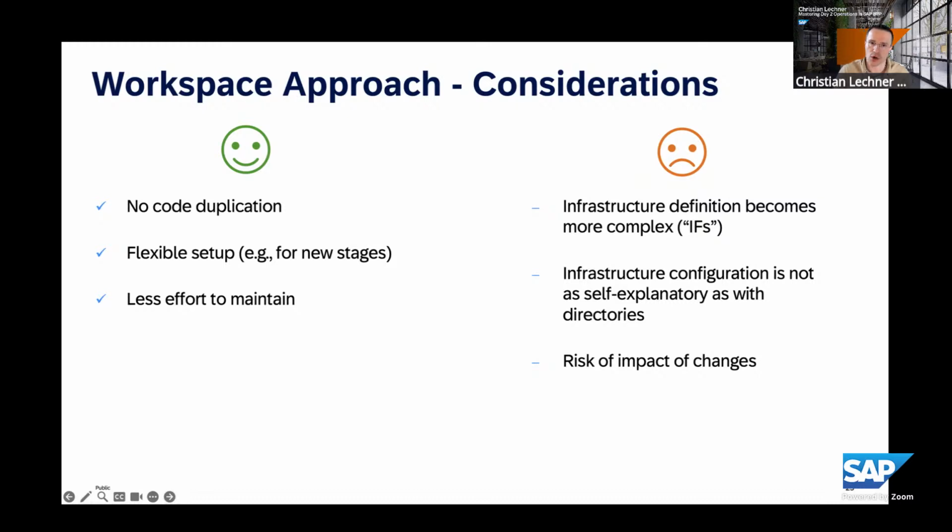Now, of course, as a consequence of that, the infrastructure configuration is not as self-explanatory as it was before with directories. Because you now do not see immediately how a certain value is set. You have to kind of go down the data flow and say, okay, the variable is set to that. If the variable is set to that, the local is set to that, and then the attribute is consequently set to this value. This is the price that you pay, and there is also another price that you pay.